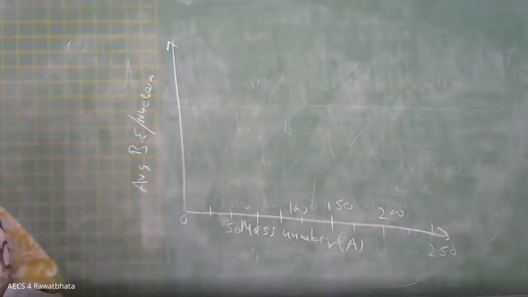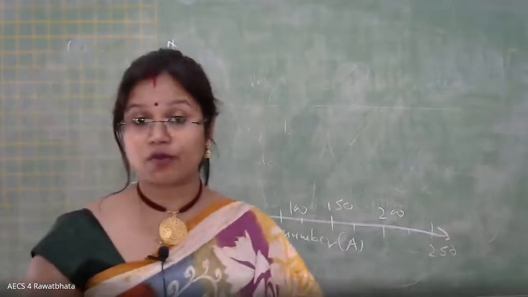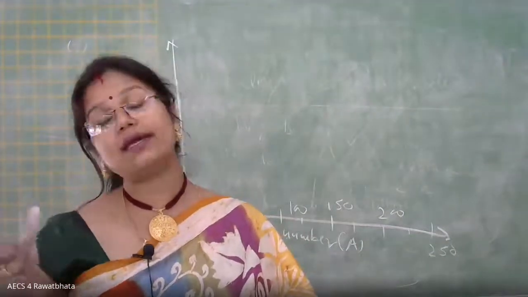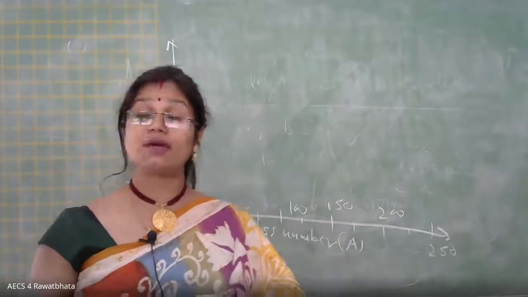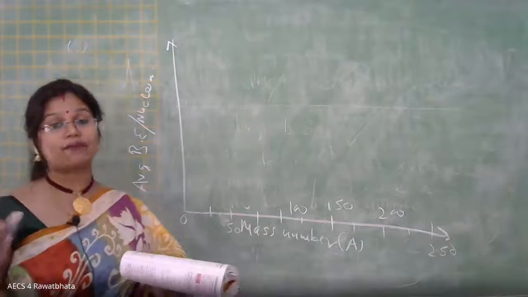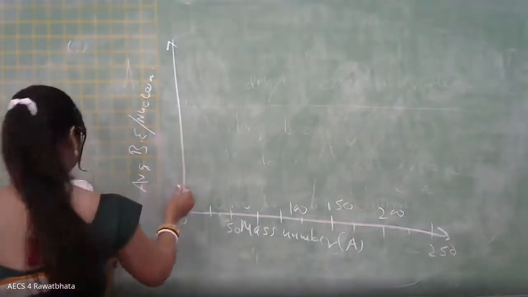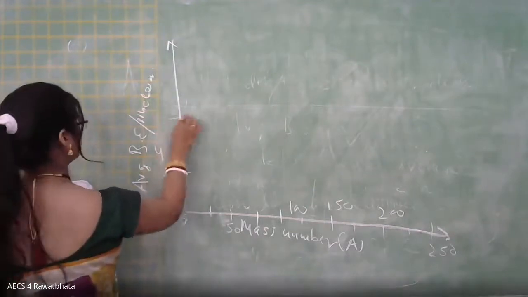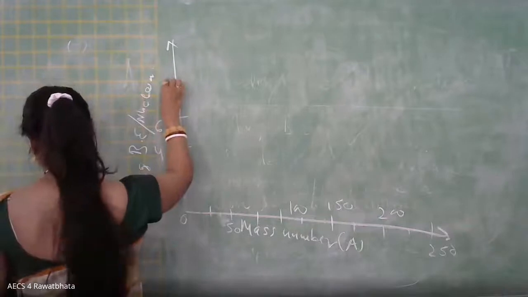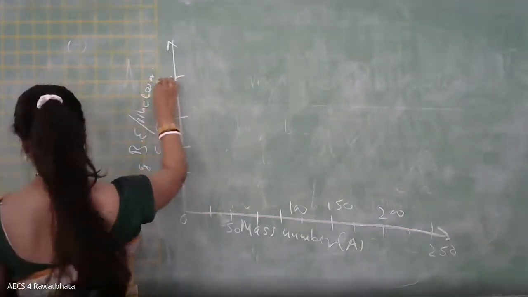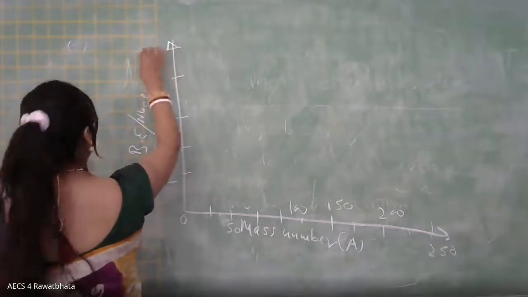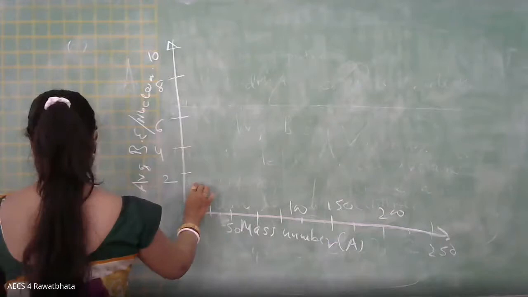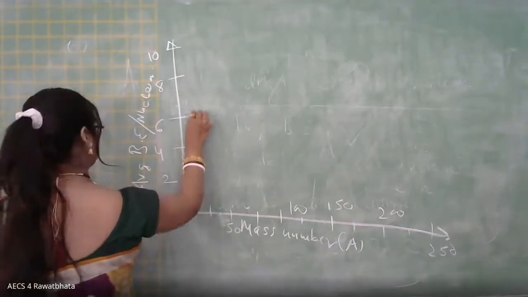This energy we are expressing in the form of electron volt, and higher energies are expressed as million electron volt. I already told you this in the first classes, dear. Now here I'm having 0, here 2, here 4, here 6, here 8, and last 10. So let me try to make it properly. I'm having here 6.